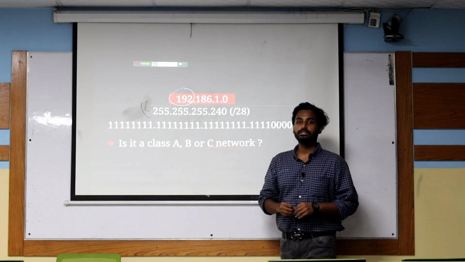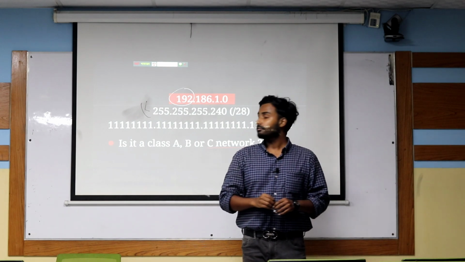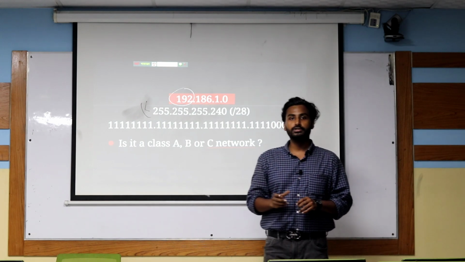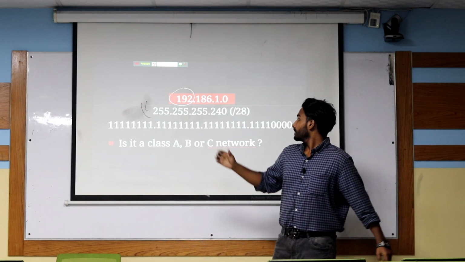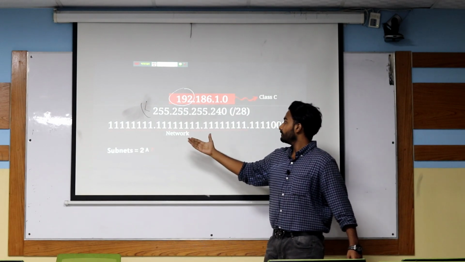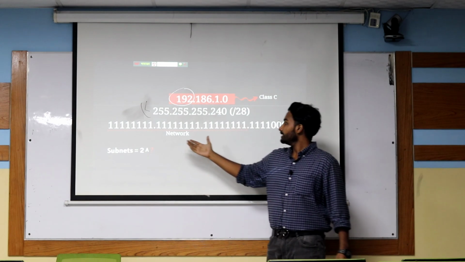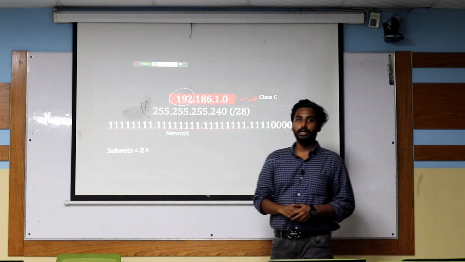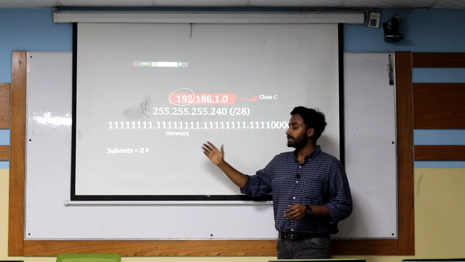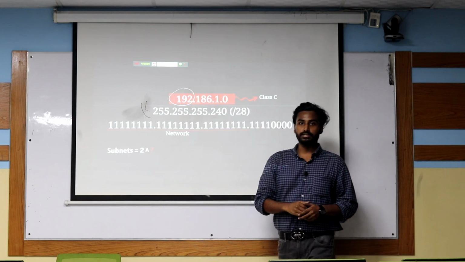We know that class C has the default subnet mask of 255.255.255.0. So the first 3 octets of the subnet mask are allocated to the network portion, and we all know that in subnetting the network portion never changes.